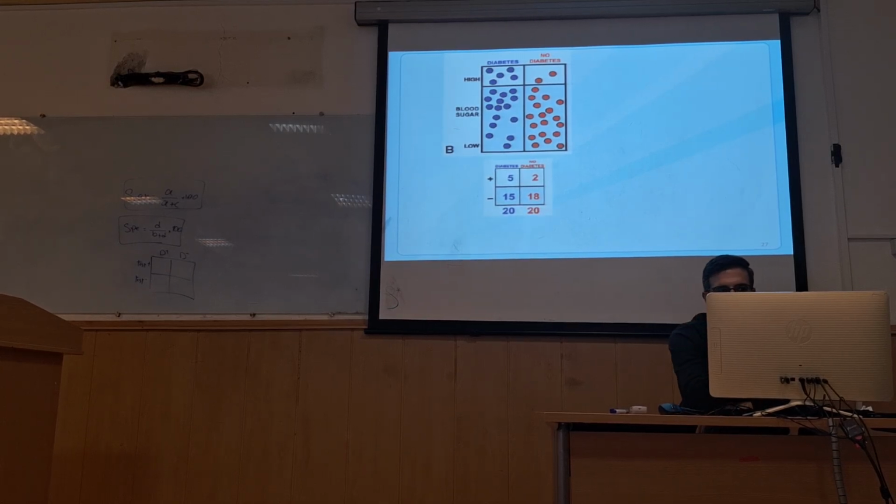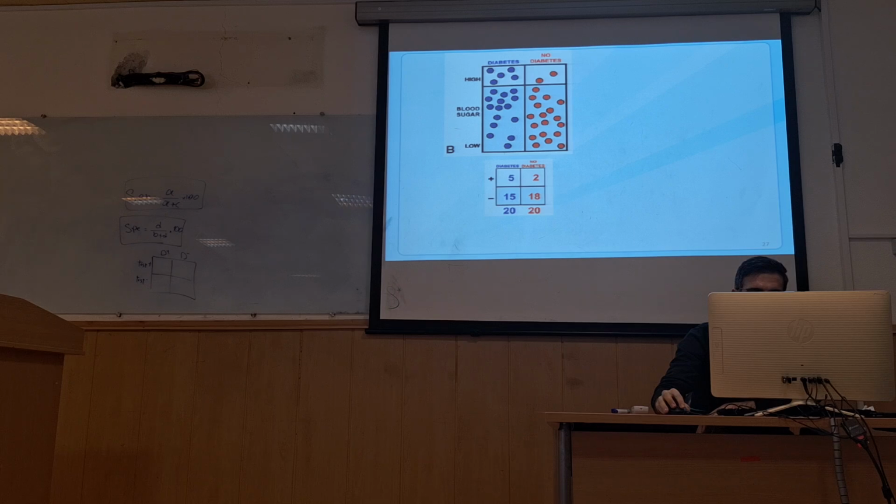For example, in this example, when we establish a cutoff point at this value, we can identify 5 people who have diabetes as positive, and 50 people who have the disease, diabetes, considered negative.